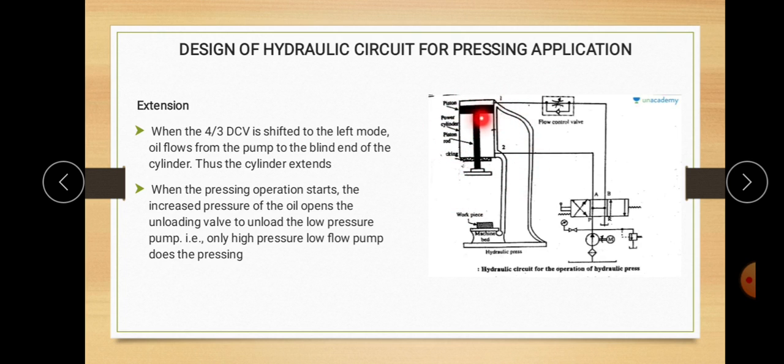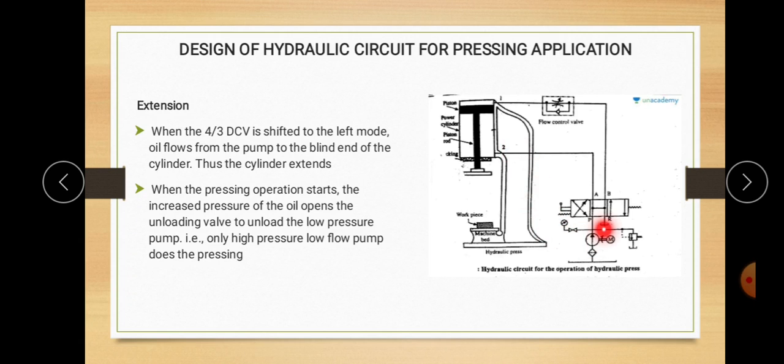It is a double acting cylinder, and at the bottom of the cylinder a metal machine bed is placed. So this is also a simple concept. It consists of extension and retraction. So when the 4/3 DC valve is shifted to the left mode, oil flows from the pump to the blind end of the cylinder, thus the cylinder extends.